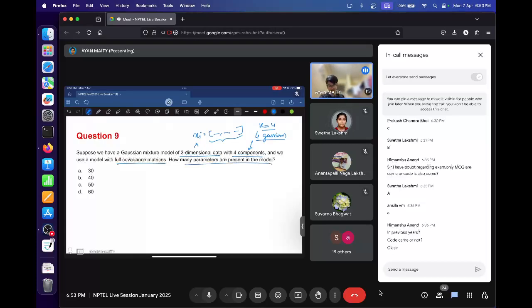So parameters are mu k, which are the mean values, sigma k, which is the covariance matrix for cluster k, and pi k, which is the mixture coefficients. So mu k, sigma k, pi k, these are the parameters for one Gaussian distribution. There are 4 such Gaussian distributions. So how many total parameters should be there in the model?